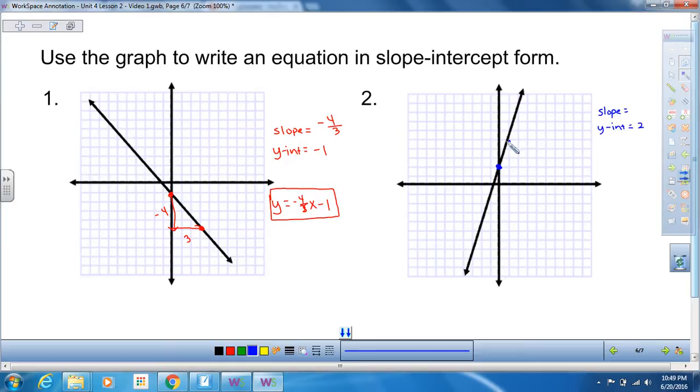Okay, slope here and here. So I go up 3, positive, and right 1, positive. 3 over 1. So you can write 3 as 3 over 1 or 3 in your equation. It doesn't matter to me.